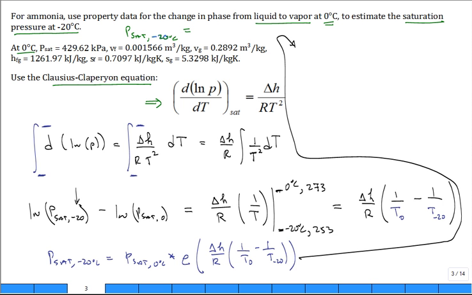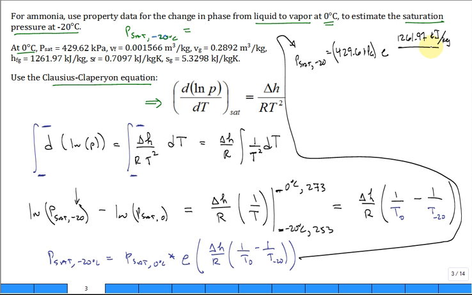So now if I substitute values, we'll have the Psat at negative 20 is equal to the saturation pressure at 0, 429.6 kilopascal, times the exponential of Hfg, which was 1261.97 kilojoules per kilogram.